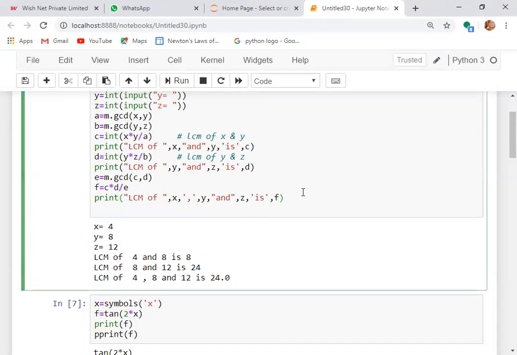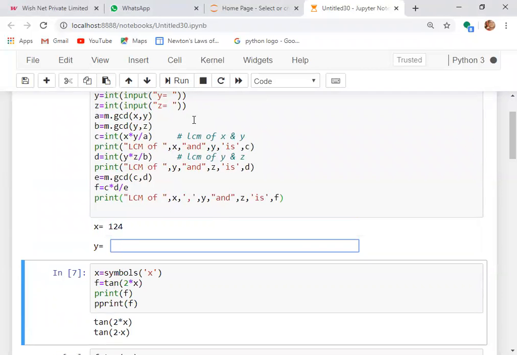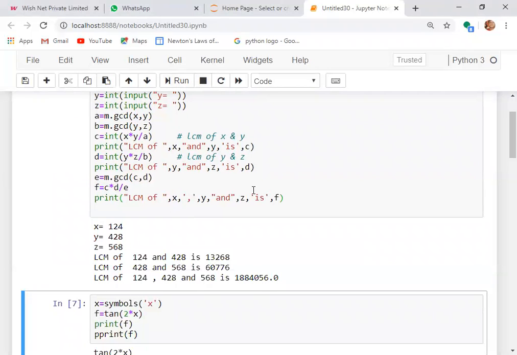Now let's run it with three different large numbers like 124, 428, and let it be say 568. So what will be the LCM? It is not easy by hand. With Python you can easily find that the LCM of 124, 428, 568 is 1884056.